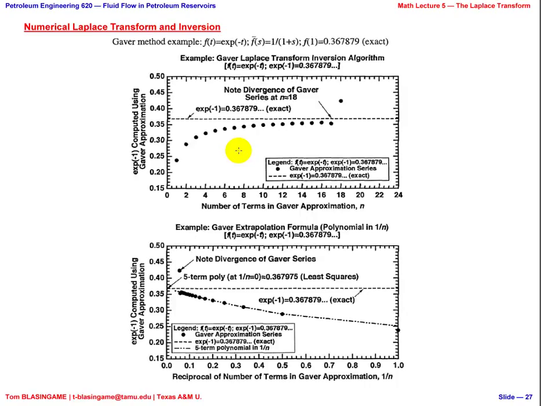It is based on Gaver, but it is not Gaver-Stehfest itself. It is called Gaver-Wynn-Rho. But the base is Gaver, so it is the same method, expressed in a different manner.